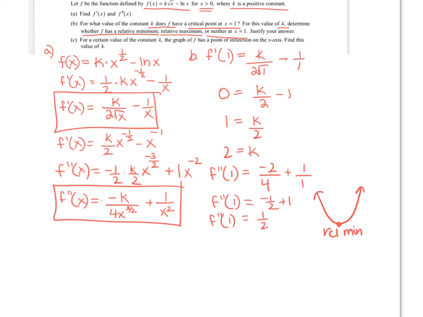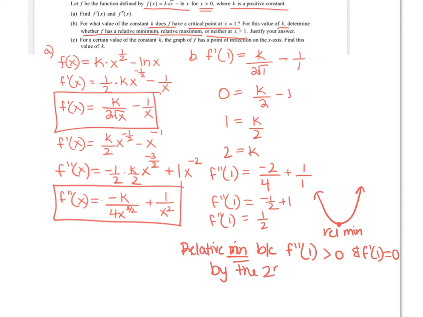Okay, so to justify your answer, we will say that it's a relative min because f double prime of 1 is greater than 0 and f prime of 1 is equal to 0. So we know we have a critical value there, and we know this is a minimum because of this by our second derivative test.